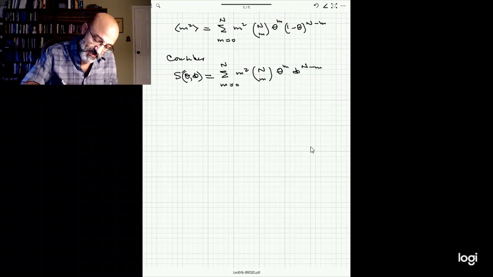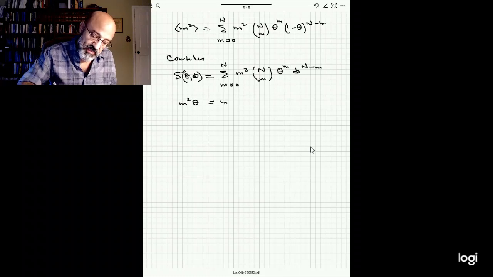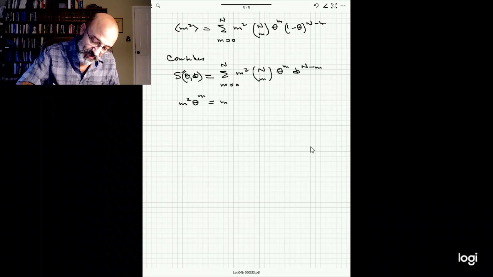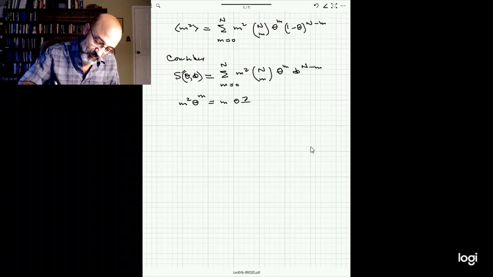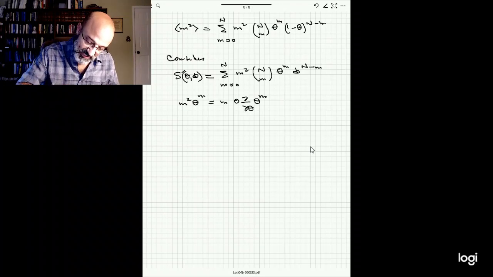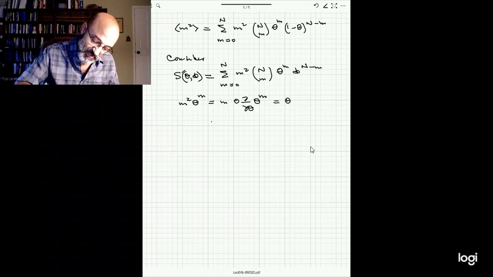The trick is to peel out one of the m's, and for the other m we use the same expression we had before. Now bring in the m, and write this as theta d theta acting on the sum.